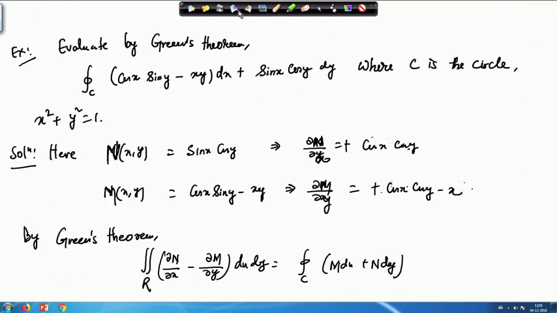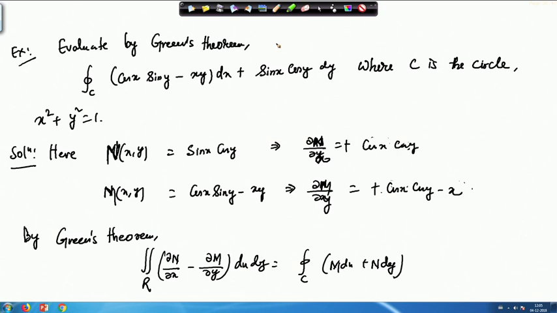Yeah. So, here you can see that for this given expression, where we had to calculate the line integral for this curve C, I took the function incorrectly at first. So, this is my m and this is our n. We have to calculate del n del x, which is cos x cos y, and del m del y, which is cos x cos y minus x.